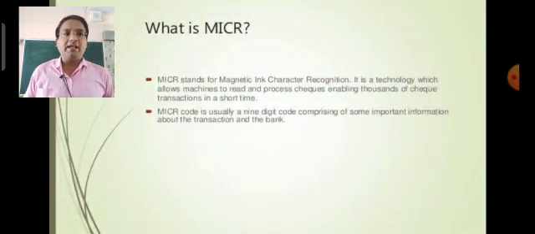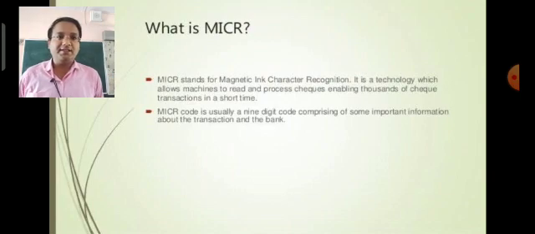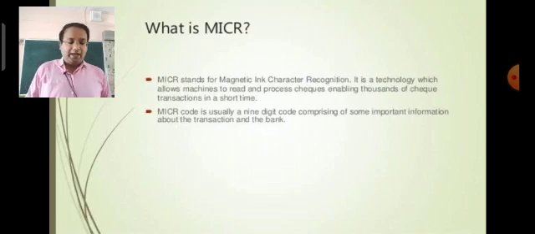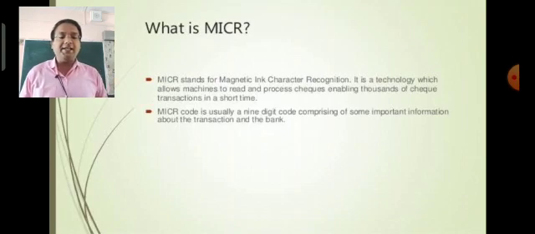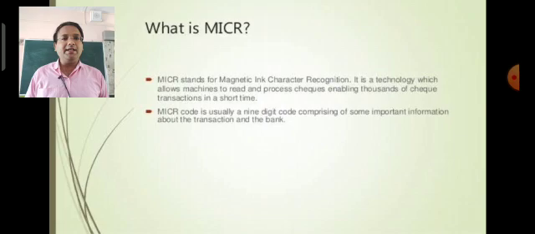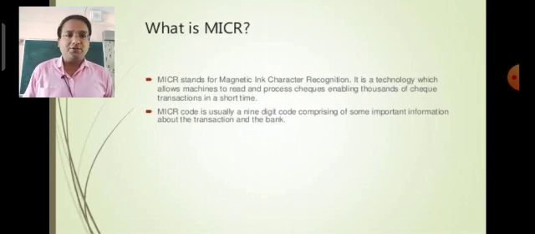Now, next, MICR stands for magnetic ink character recognition. What is the use of MICR? MICR technique is used mainly in banks because magnetic ink characters are difficult to forge.